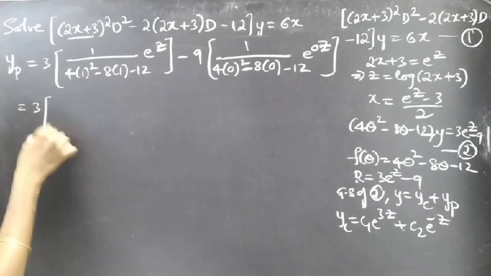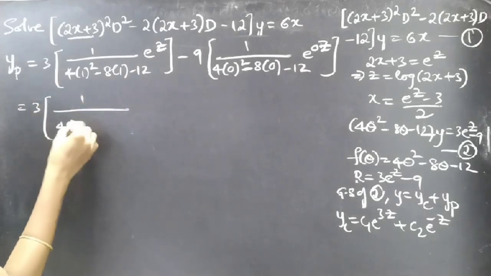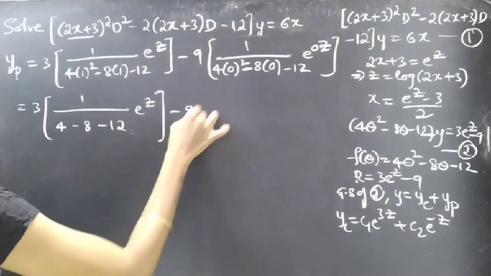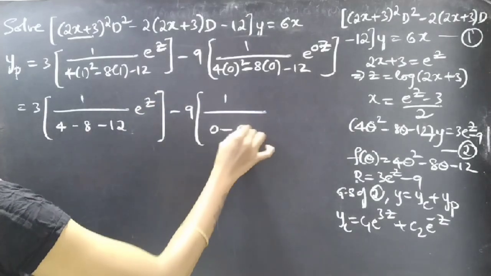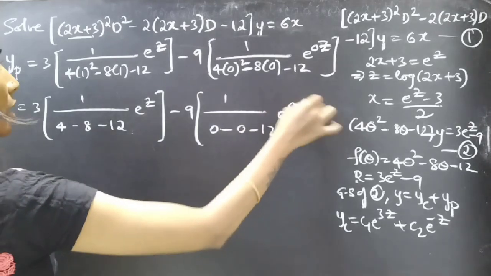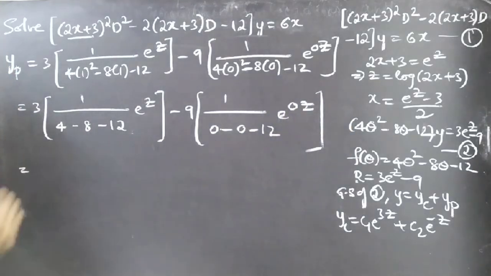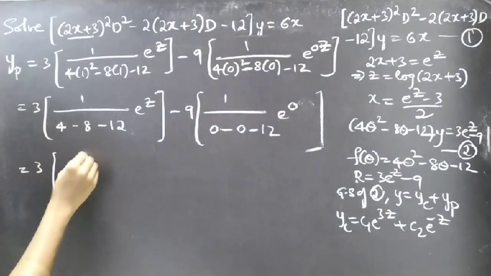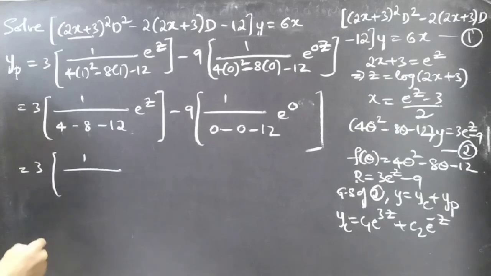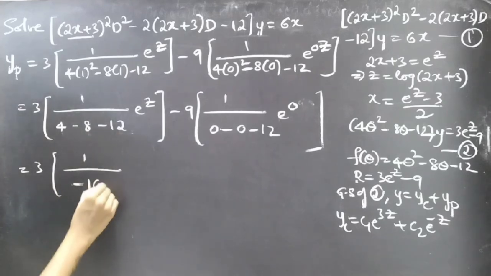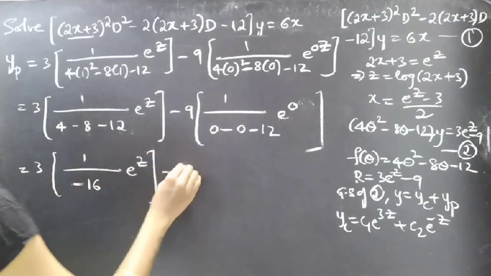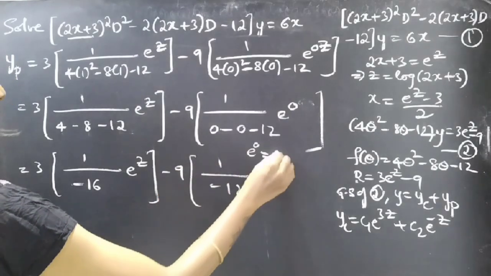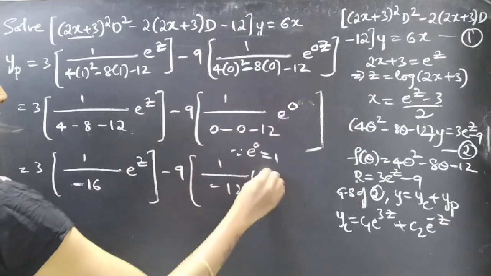Now this becomes 3 times 1 by 4 into 1 square is 4 minus 8 into 1 is 8 minus 12 into e power z, minus 9 into 1 by 0 minus 0 minus 12 into e power 0 into z. e power 0 into z can be written as e power 0 otherwise, right? 3 into 1 by 4 minus 8 is minus 4, minus 4 minus 12 is minus 16 into e power z, minus 9 into 1 by minus 12 into, since e power 0 is 1, so you'll get into 1.